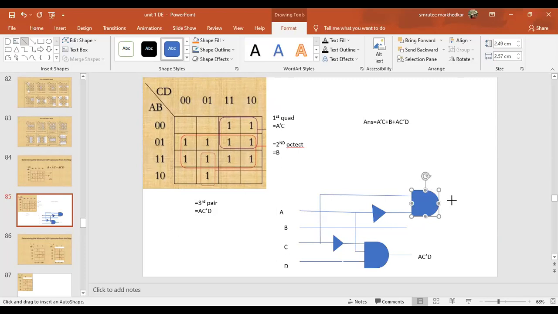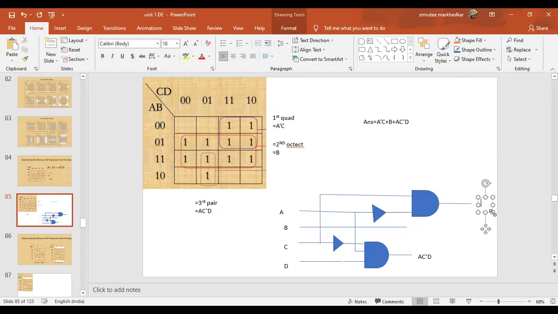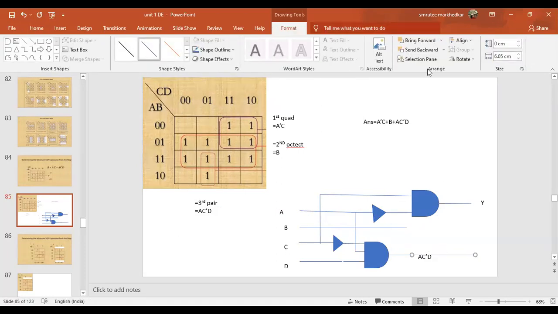I'm going to represent the output as Y. If I say Y is my output, now I'm going to combine these from here and extend it, and we can directly join these two here.